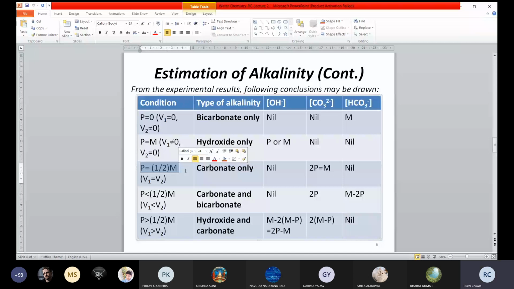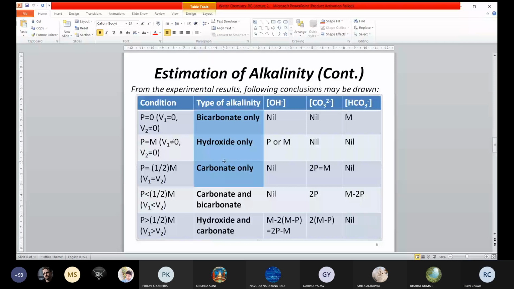And after this, now we have discussed the 3 individual cases. So which types are we left with? Now we are only left with the combinations, the dual combinations of ions. And I told you that carbonate is a common ion in both the dual combinations.